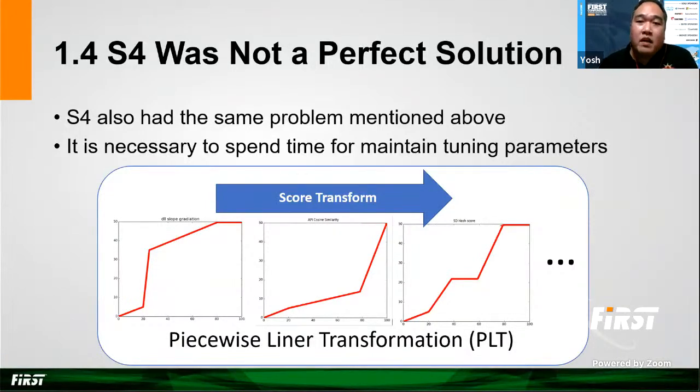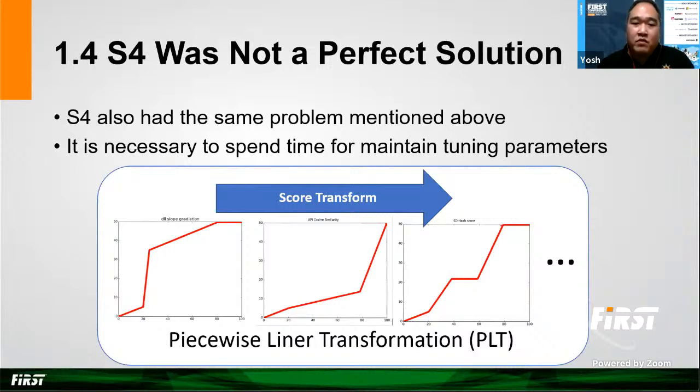S4 is a useful tool, but it had a difficult-to-tune problem. It is necessary to spend time maintaining the tuning parameters used in the score transformation. When I integrated the 17 tools' scores for 3 dimensions, I set parameters of piecewise linear transformation, PLT, for all of the tools.